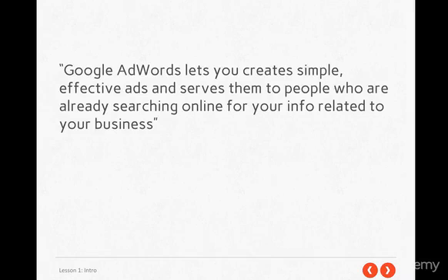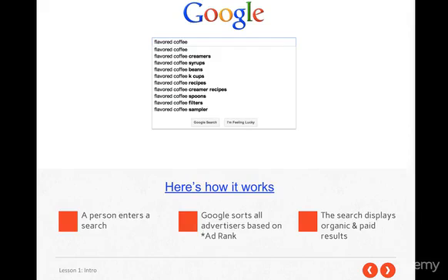But not only can it be info related to your product or to your business, but it can also be related to a specific product that you have, or to your competitors. If you want to target people that are searching for your competitors' products, maybe you want to serve an ad to those people. There's a lot of different strategies that you can use and implement to run really efficient and effective campaigns on AdWords.